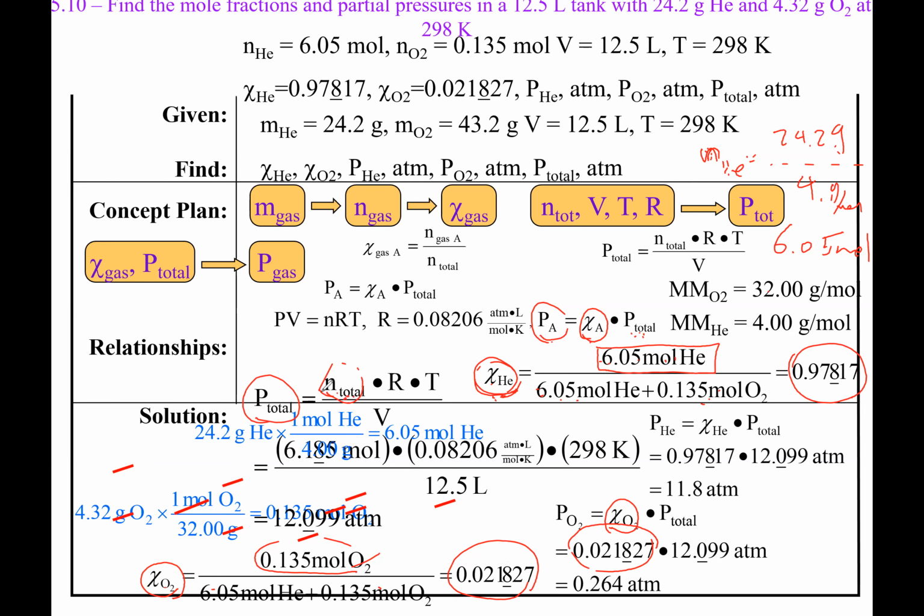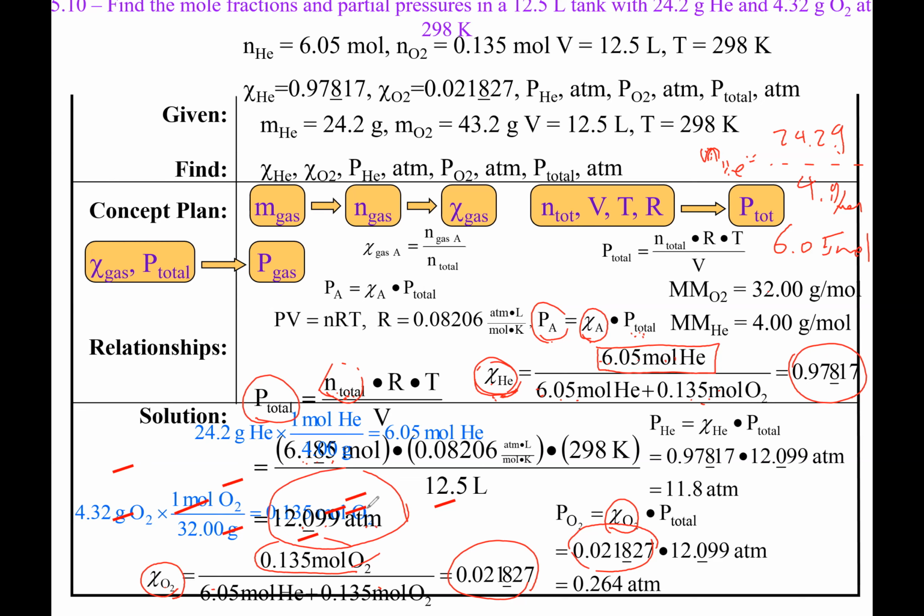If we have the moles of helium and add the moles of oxygen together, that would be the total number of moles, which is 6.185, sorry, 6.185. That would give you the total pressure. The total pressure is 12.099. This is the total pressure.